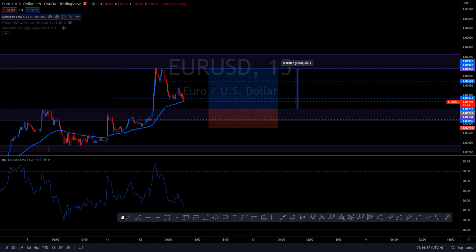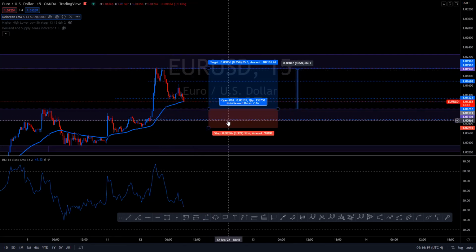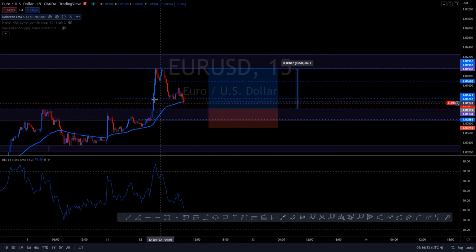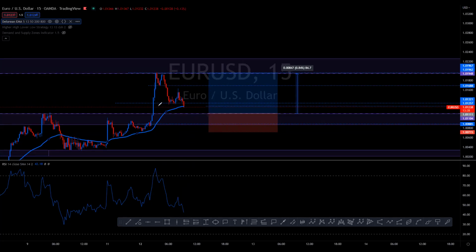Now, price is bearish, excuse me, at the current moment. So it could swing back and respect this. Now, if it doesn't respect this demand zone and it closes below here, then we're probably officially bearish, but it is dropping.